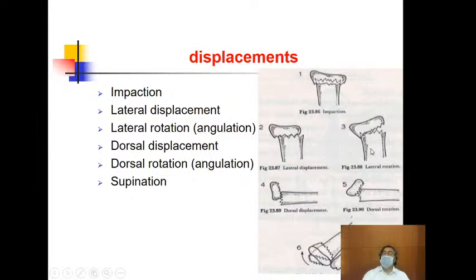Very easy for you to remember. And impaction. And there is another deformity which is known as supination. So the Colles fracture typically has an impaction, lateral displacement, lateral angulation, dorsal displacement, dorsal angulation, and supination.